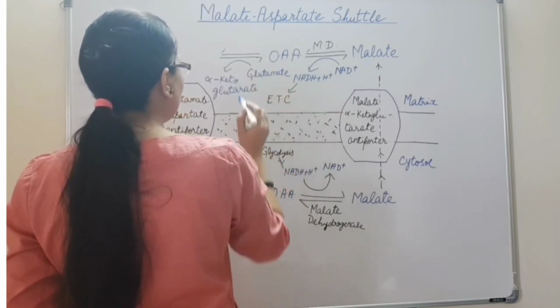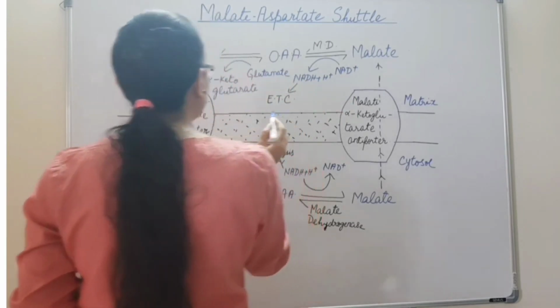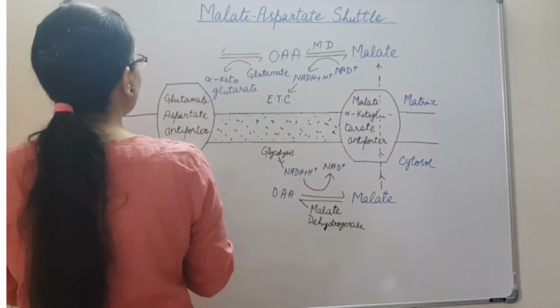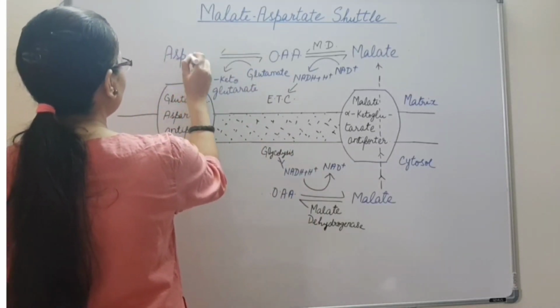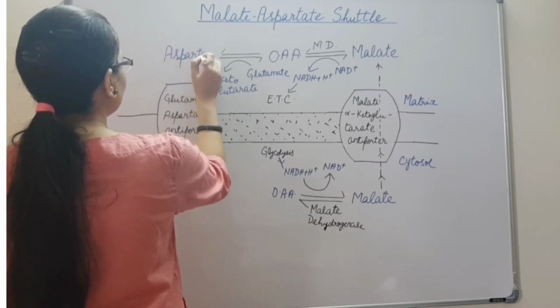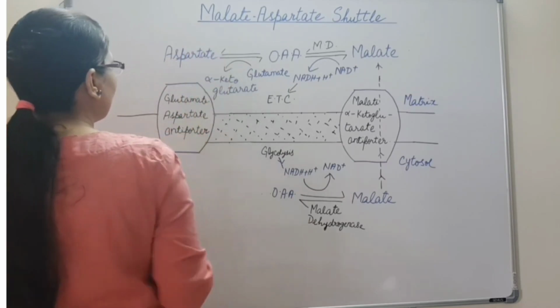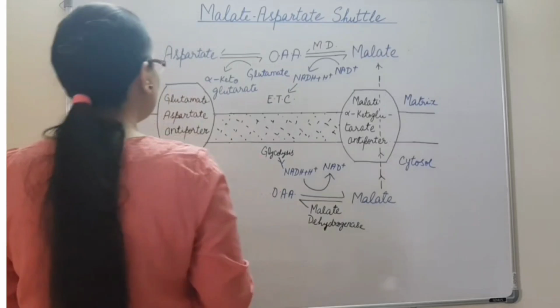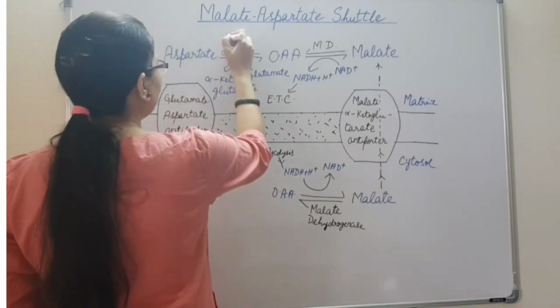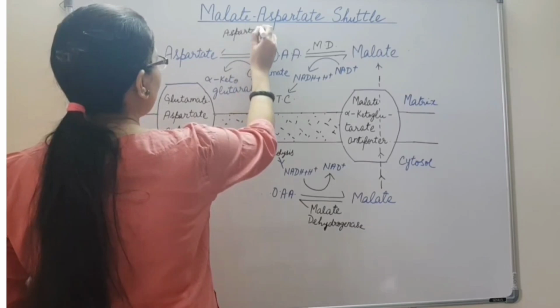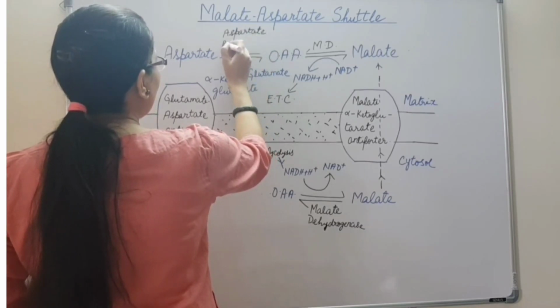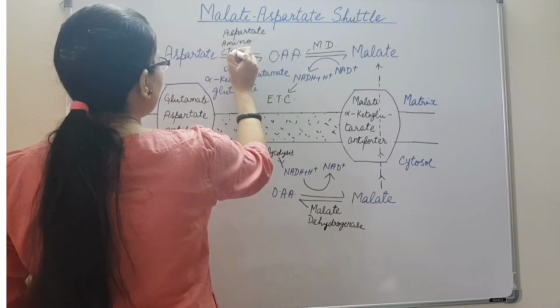Glutamate is converted into alpha-ketoglutarate and oxaloacetate is converted into aspartate. This reaction is catalyzed by the mitochondrial aspartate amino transferase.